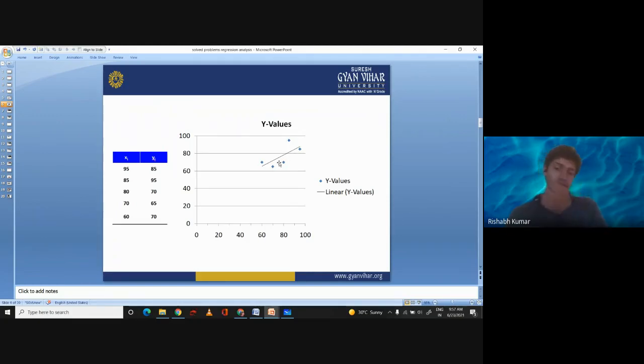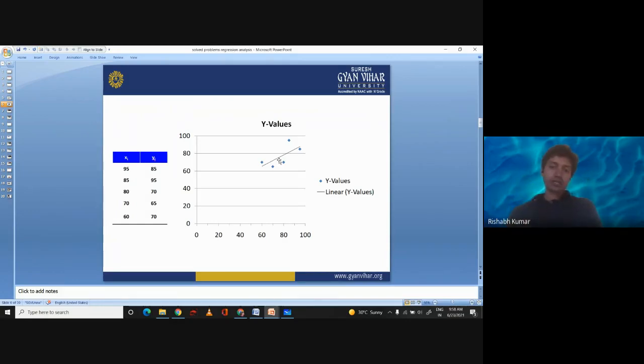Now, to make a prediction, first we have to generalize the trend. We have to find out what the trend is, what the line of best fit is. So we have to fit the data in a model. Fitting the data in a model means we have to find the equation of the line that best represents the data.